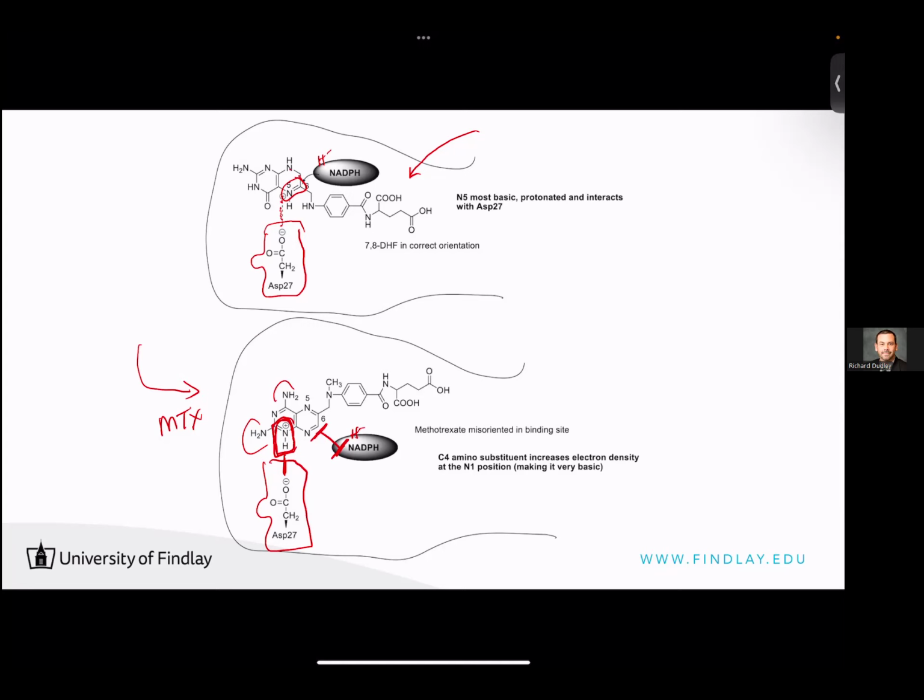We stop reduction reactions. If methotrexate is bound in the active site, taking up space, that means if there is folic acid around, it's not going to be able to make its way in. So that's mechanistically how this drug works.